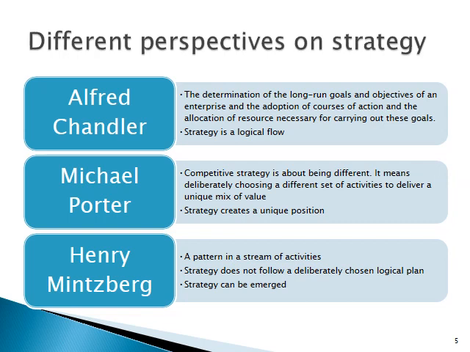So he's telling organizations can perform different activities, and thereafter you need to identify the underlying patterns of these activities, what are the common patterns, and then this pattern can be interpreted as the organization's strategy. So he is basically telling strategy does not follow a deliberately chosen logical plan. So it's the opposite side of what we discussed earlier in Alfred Chandler's explanation.